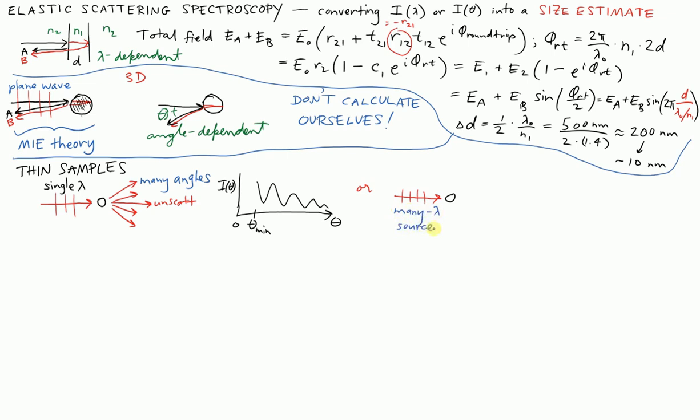And in this case, you're still going to have an unscattered direction that you don't want to measure. And in this case, the scattered light, you can just measure it going off in some particular direction like here, and you only have to measure a single angle.